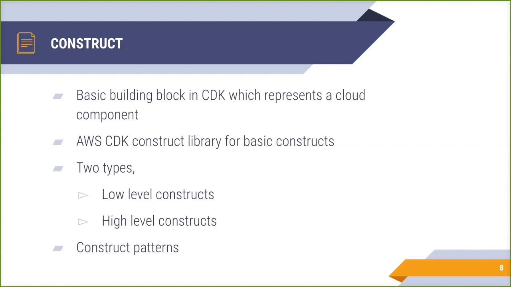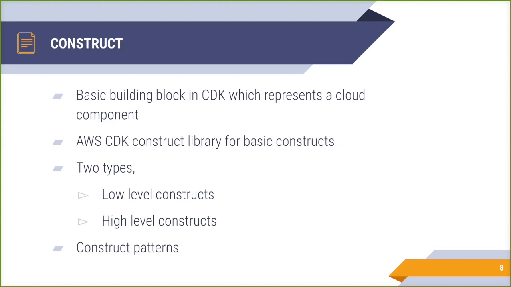So they have picked several of those high level constructs which you would need in your day-to-day job, and they have created those and put them in the construct library itself under the name construct patterns. So you can go there and look for it, and implement those easily.